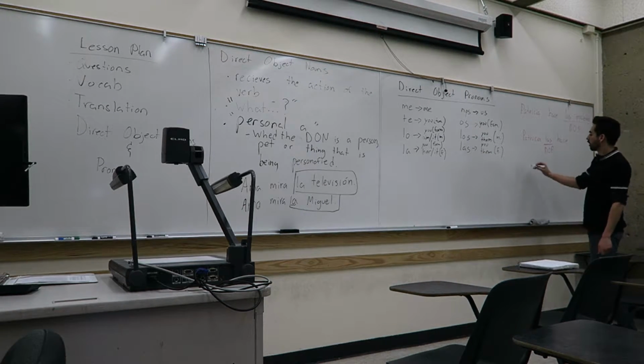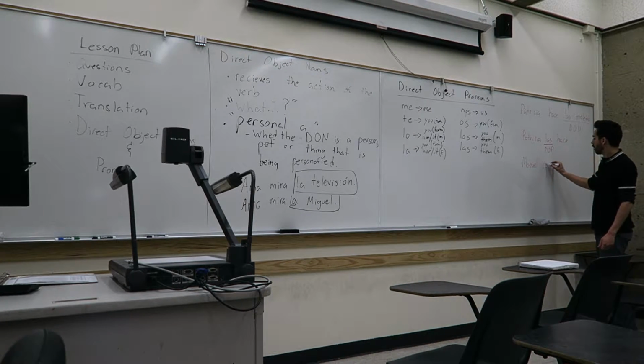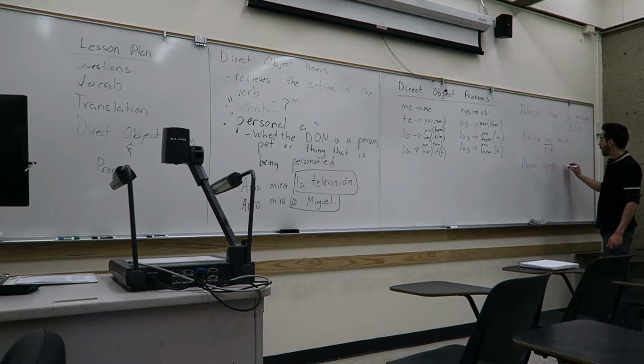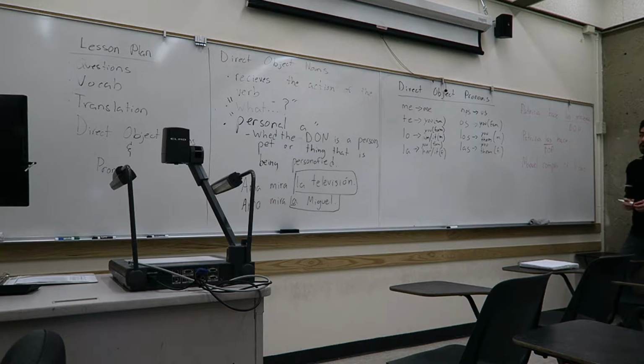Okay. All right? So let's do this one. Manuel compra el libro. What is the direct object noun here? Manuel buys what?